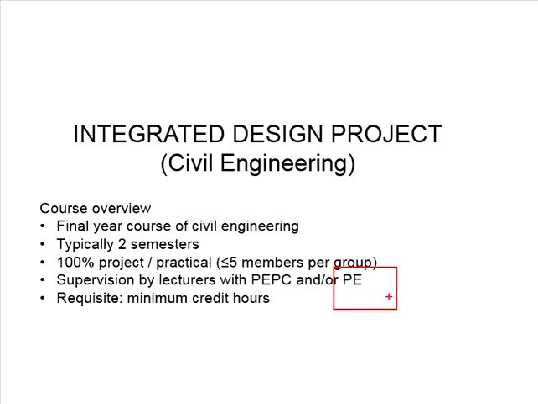In the integrated design project, all the fields related to civil engineering shall be covered. Projects from the industry shall be given for the students to work out the engineering solutions. This serves as the induction to the students before graduating.